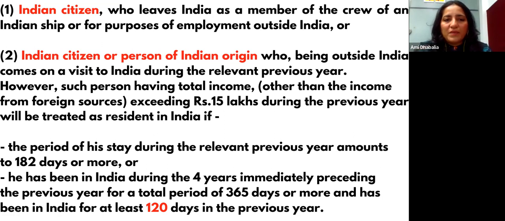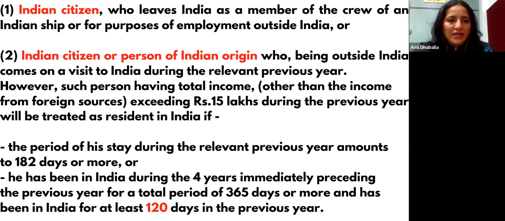So if you are an Indian citizen working as a member of the crew of an Indian ship, and you leave India, then if you have stayed in India for less than 182 days, you are straight away a non-resident. All right. If your stay in India is for more than 182 days, then you are a resident.